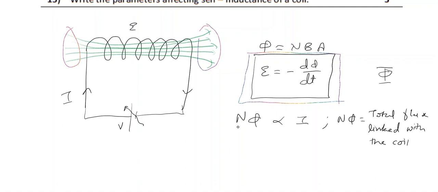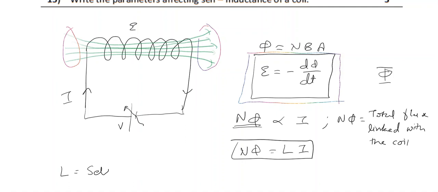Now here n phi we consider as total flux linked with the coil, and then if I remove the proportionality, I get a constant L. What is L? L is called self-inductance of the coil. This coil is also referred to as inductor.